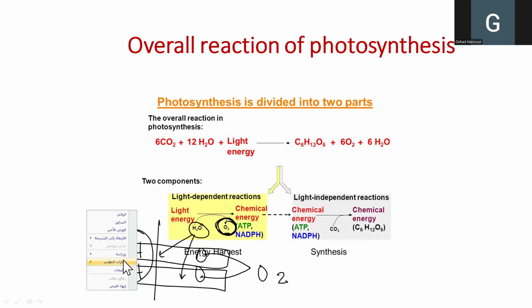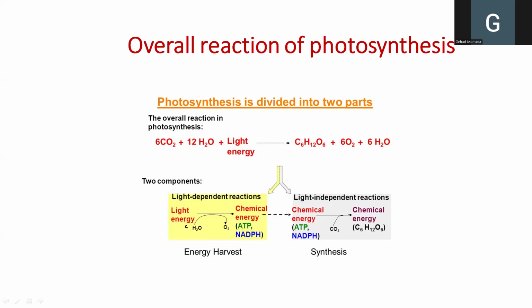So in order for this chemical equation to be correct, we should write 2 here. So we have 2 water molecules that split to give 4 hydrogen atoms and 1 oxygen molecule. And it is this oxygen that is released at the end of the day in photosynthesis. So this is the released oxygen.